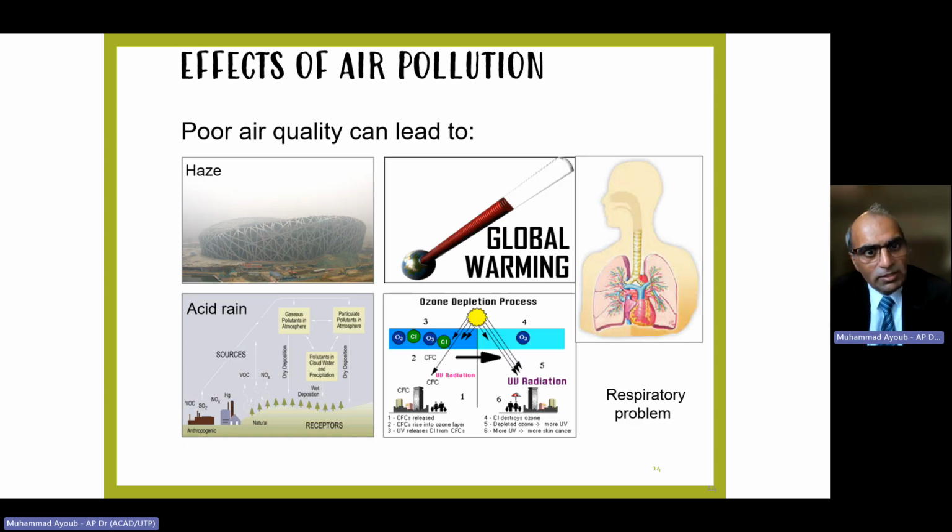Other than these diseases or health issues, it can also create cases of haze, global warming, acid rain, or ozone depletion. You hear too much about global warming. It is also a big noise nowadays.